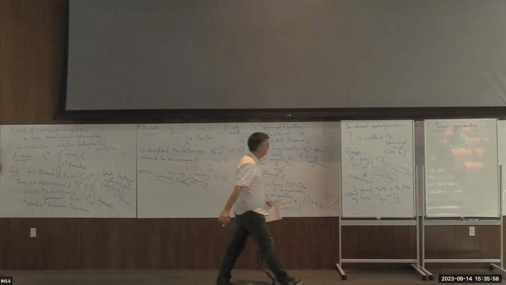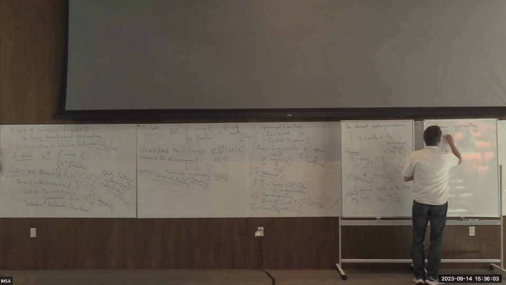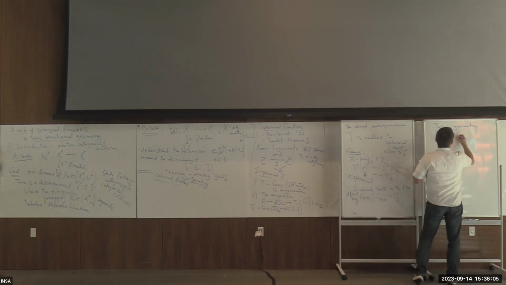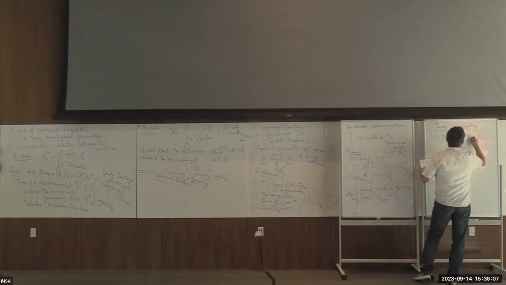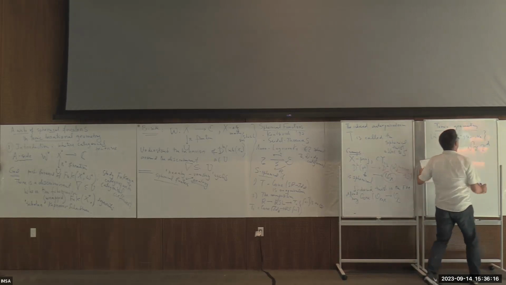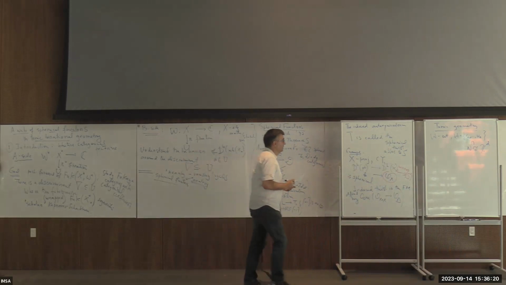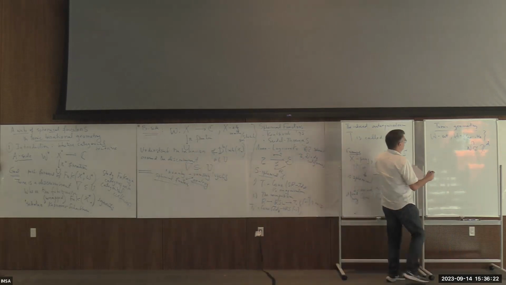Okay, good. So I'm going to start with what I call an A-set. It's a bunch of vectors in a lattice. And then I'm going to introduce some notation.